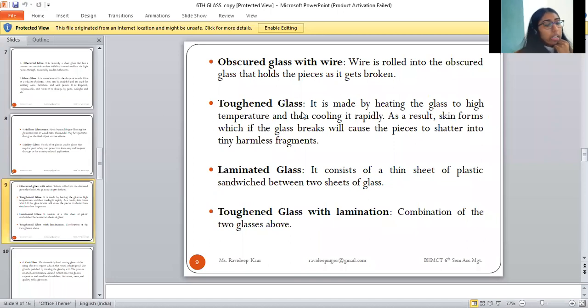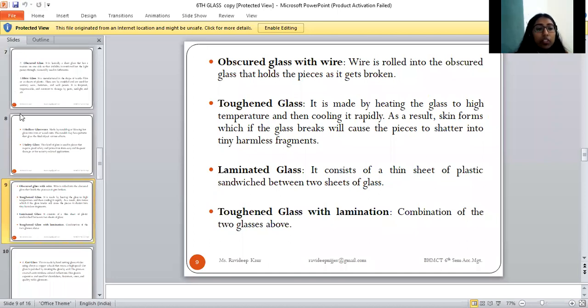Then we have toughened glass. It is made by heating the glass to a high temperature and then cooling it rapidly. As a result, a skin forms which, if the glass breaks, will cause the pieces to shatter into tiny, harmless fragments.